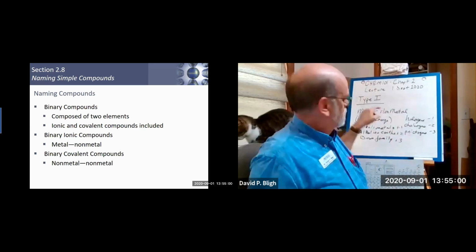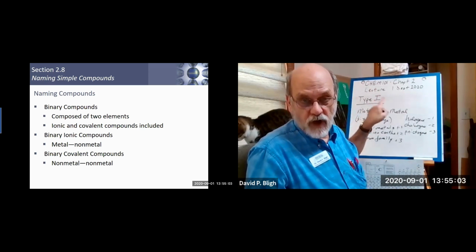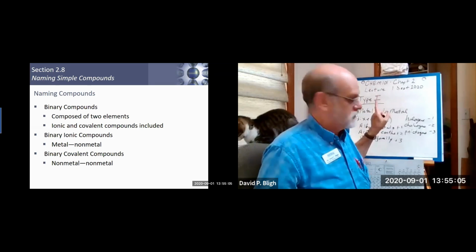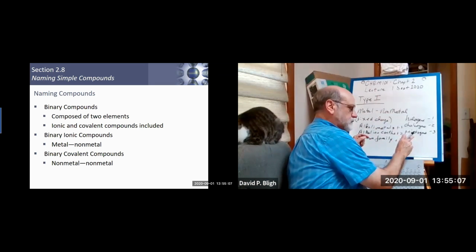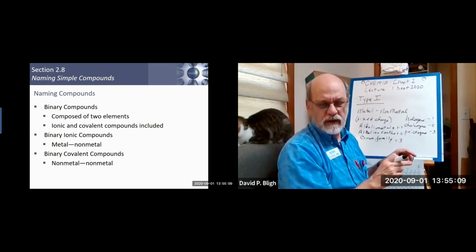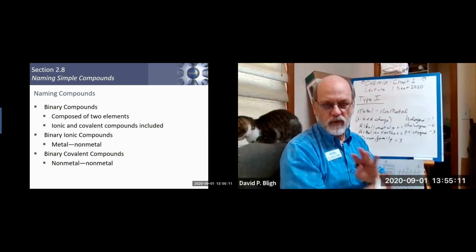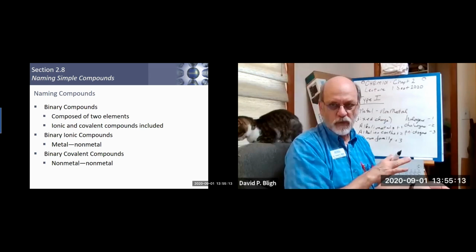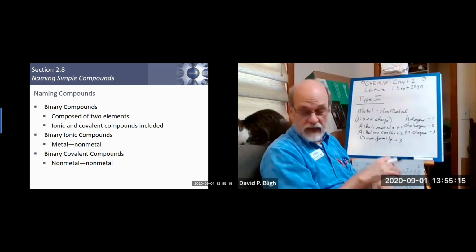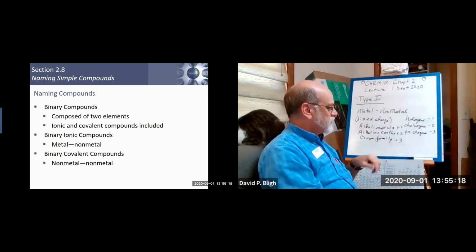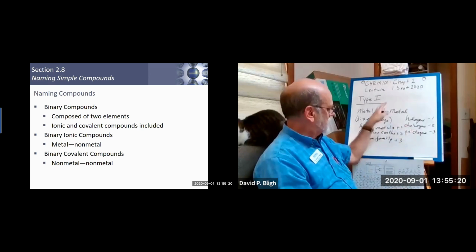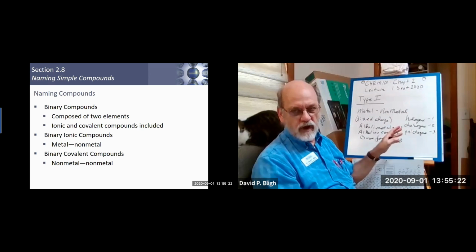Now this is for type 1 compounds, and these are always ionic. Now when you get over to carbon, all bets are off, because carbon can go either way, +4, -4, and anything in between. So I'm not going to give you a bunch of this type with carbon in it.